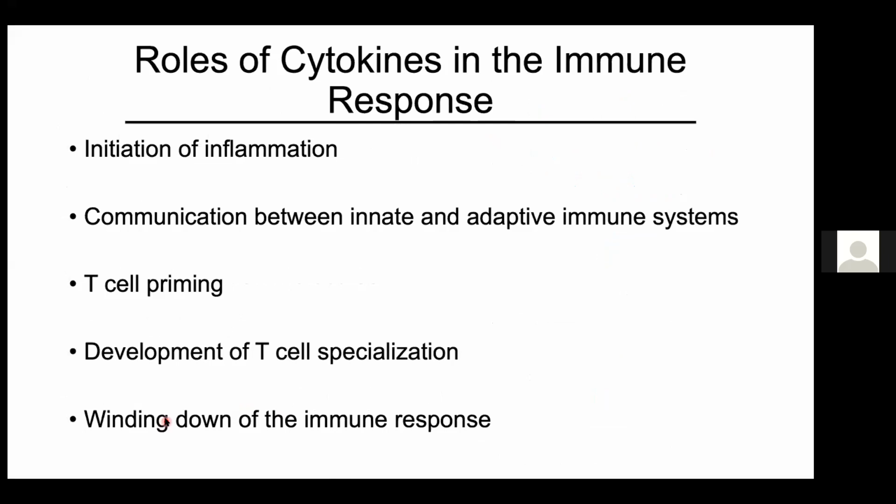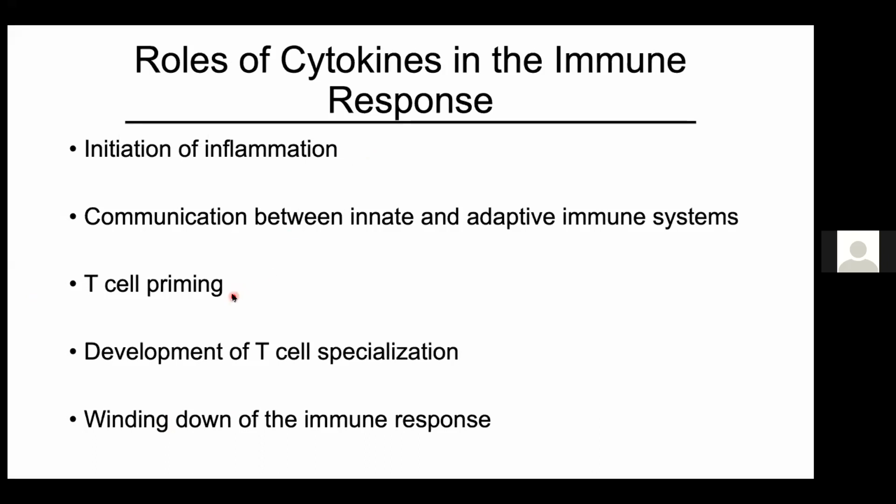So what are the roles of the cytokines in the immune response? So one is initiation of inflammation. There's also communication, and usually it's the innate immune system cytokines that would cause that. Communication between innate and adaptive immune systems, like we've seen some of the cytokines, for example, produced by macrophages, which act on T helper cells during antigen presentation, okay?